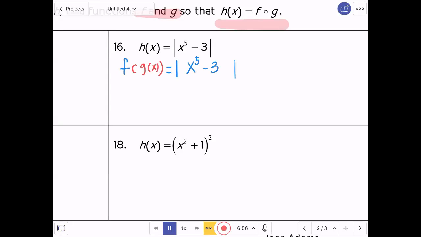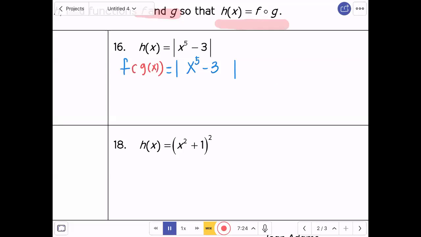So now we need to split them into two different functions. There are a lot of different ways of working on this, but based on this function, I see two functions: the absolute value, and x to the 5th power minus 3.